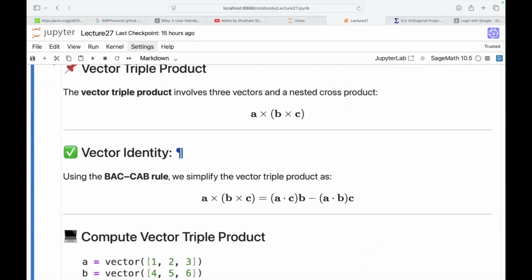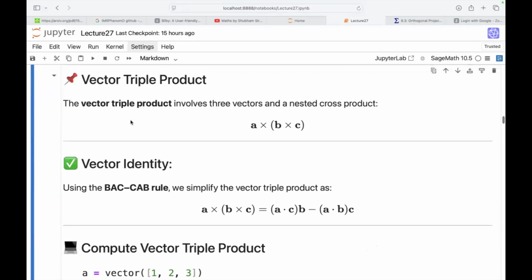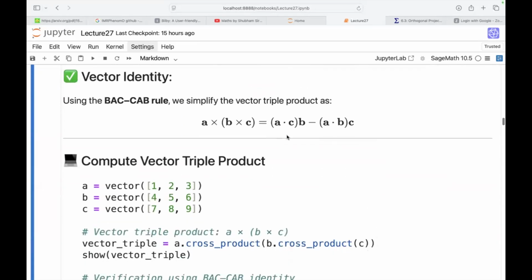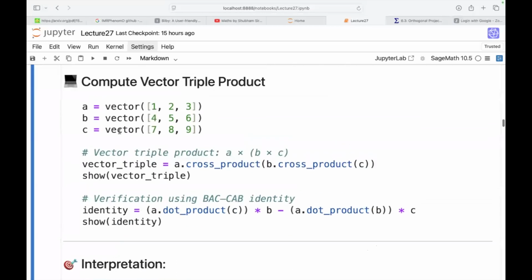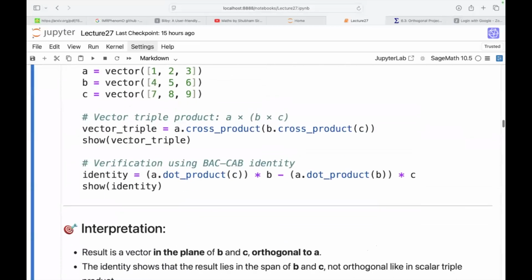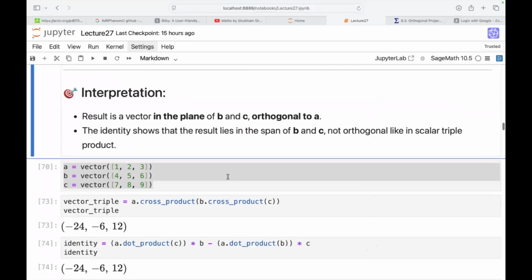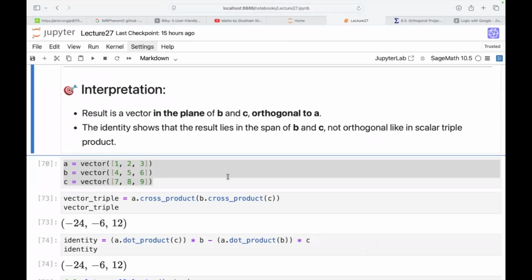After simplification, using the vector triple product definition A cross B cross C, we use the BAC-CAB rule: A cross B cross C equals B times A dot C minus C times A dot B. The interpretation is that the result is a vector in the plane of B and C, orthogonal to A. The identity shows that the result lies in the span of B and C, unlike the scalar triple product.